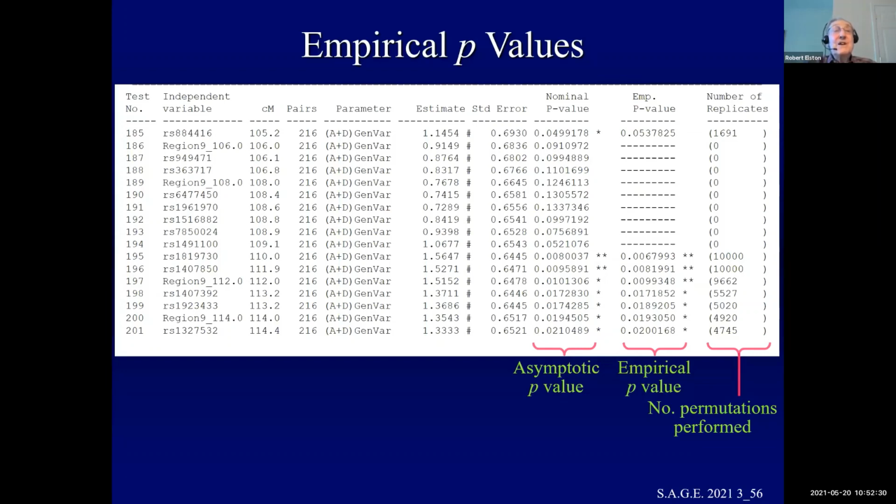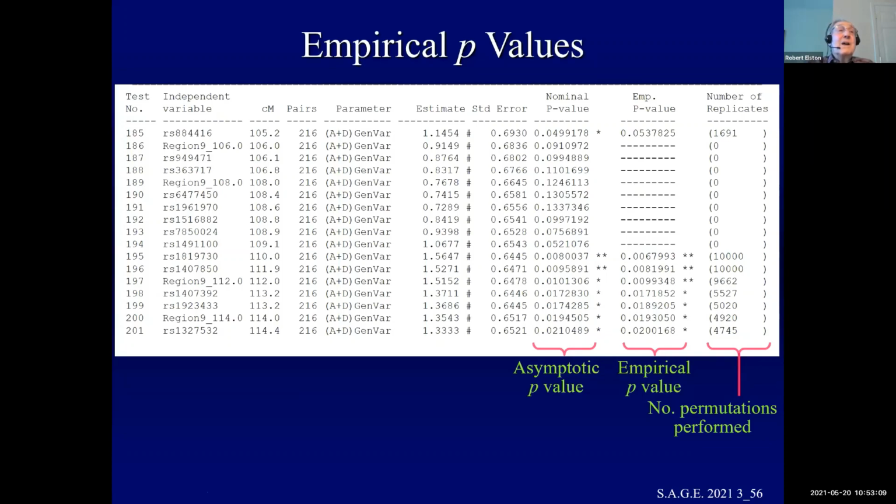And then about the 10th row down, we have a nominal p-value of 0.008 something, but when it does the empirical, it gets to 0.0067, and it did all 10,000 replicates. Later on, you see it doesn't use all 10,000 replicates, and it only needed that many to give you that confidence that we were talking about. So it's rather smart in that way.